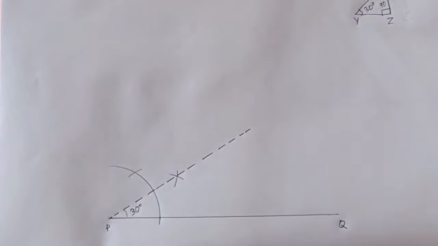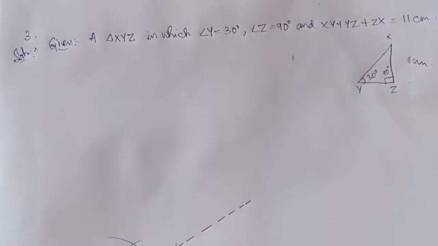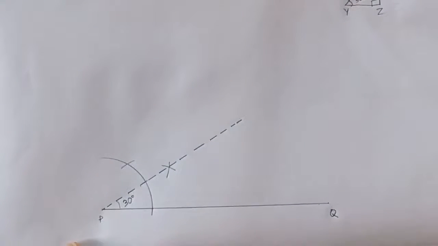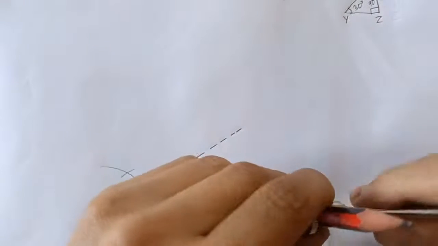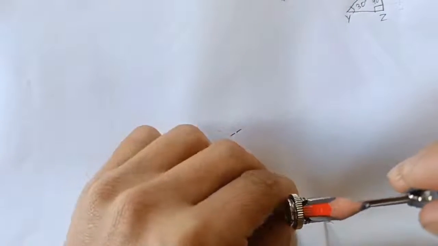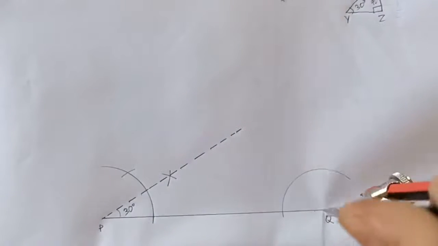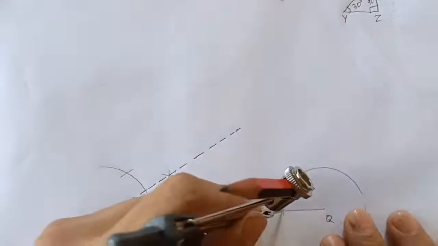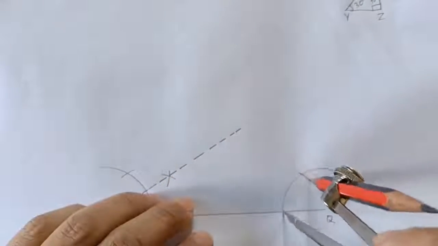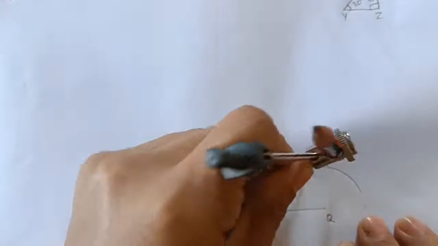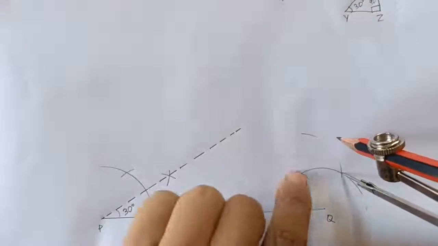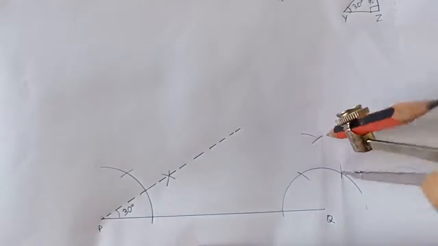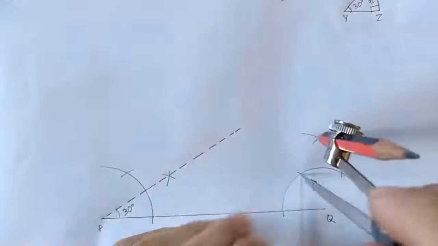Now at the point Q, we are going to construct an angle measuring 90 degree. So let us first construct the angle 90 degree at the point Q. So for that, let us draw an arc like this, and with center at this point, let me draw an arc like this, again an arc like this, and 2 arcs with center at these 2 points intersecting each other.